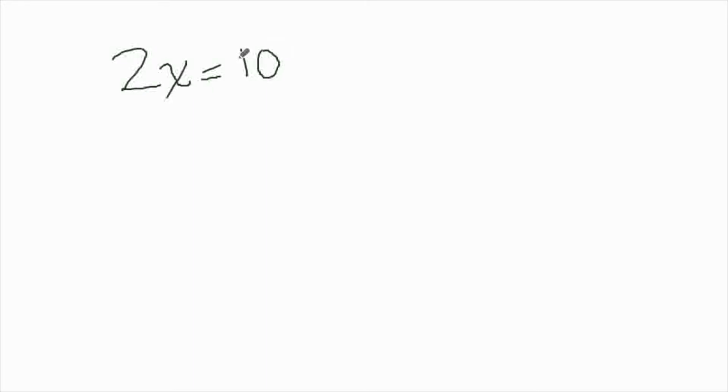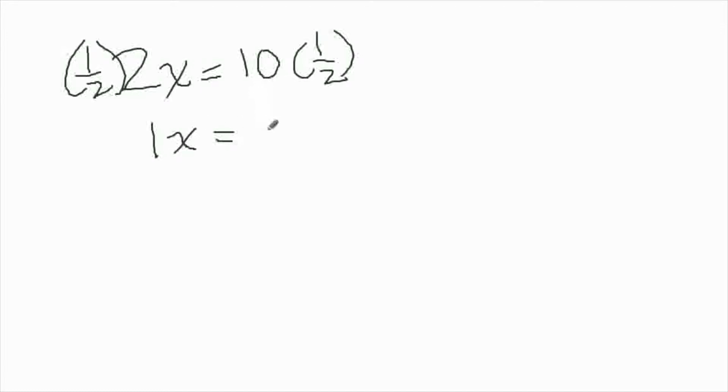Well, you would remember what I said about the fact that you have to do the same thing to both sides to keep it balanced. So one thing you could do is multiply both sides by 1/2. On the left side, 1/2 times 2 just gives 1, 1 times x.